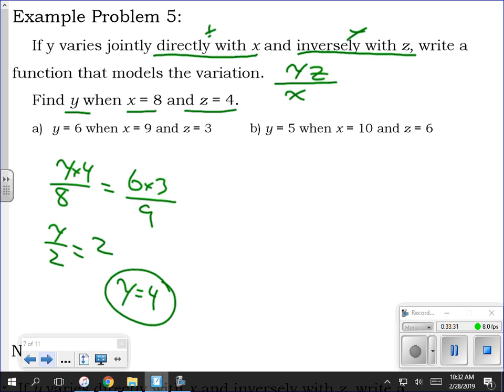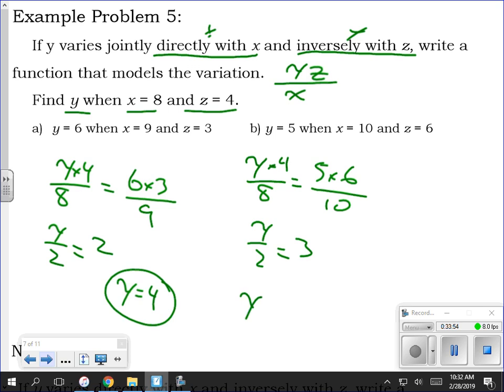I do the same setup here. The initial setup is the same. Y times 4 over 8 is equal to 5 times 6 over 10. So that gives me y over 2 is equal to 5 times 6 is 30 divided by 10 is 3. So y in this case is 6.